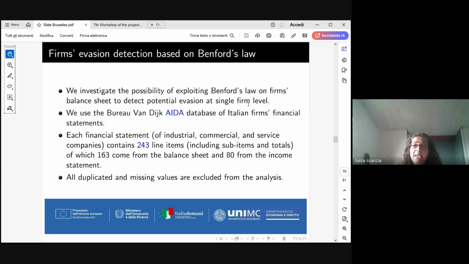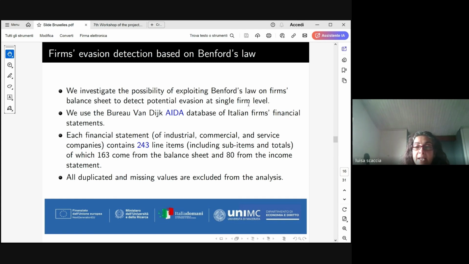And our idea is to try and use Benford law as a support in targeting firms' auditing. And we tried to see if we could apply it to the numbers contained in the balance sheet of each single firm in order to have an index of potential evasion at firm level.